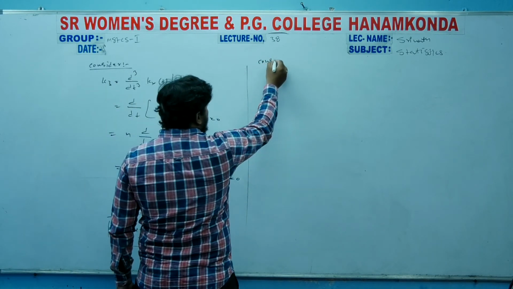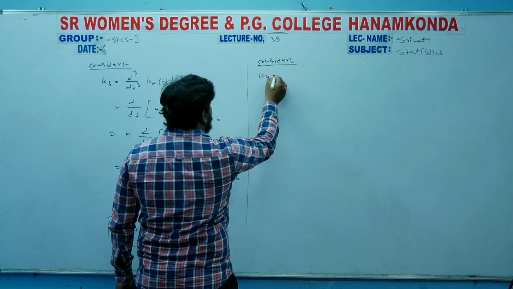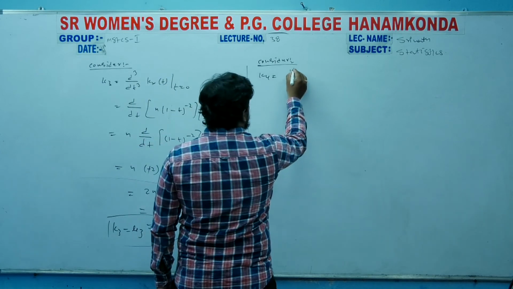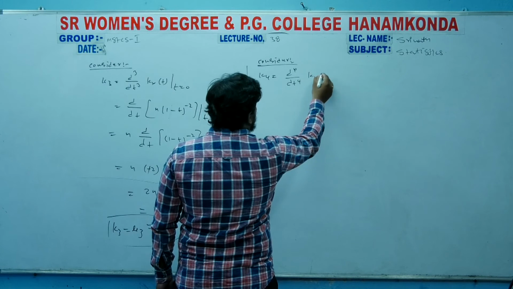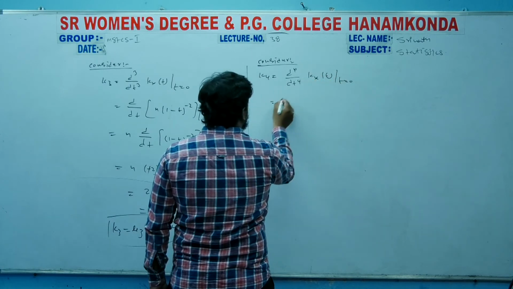Consider k4, which is equal to mu4, d power 4 by dt power 4 of Kx of t at t equal to 0.